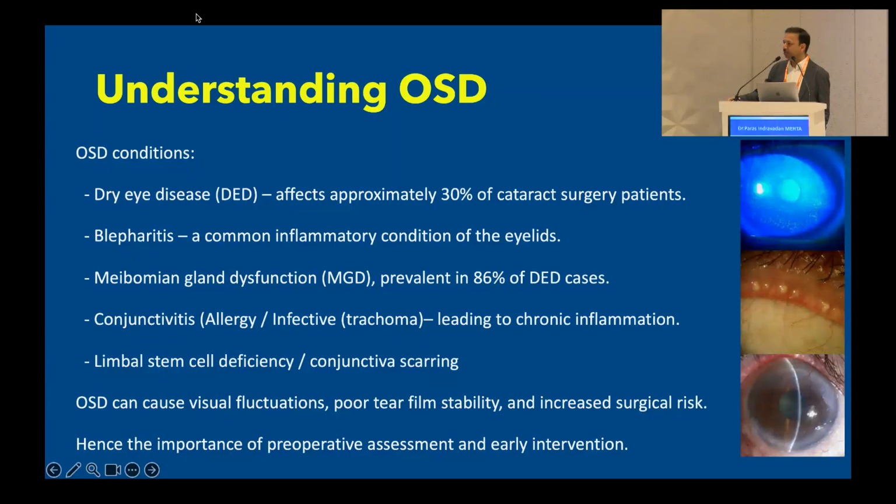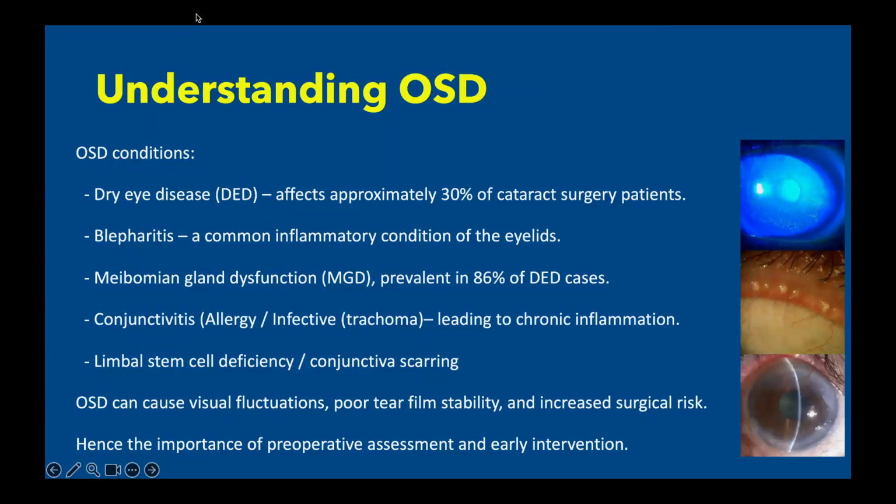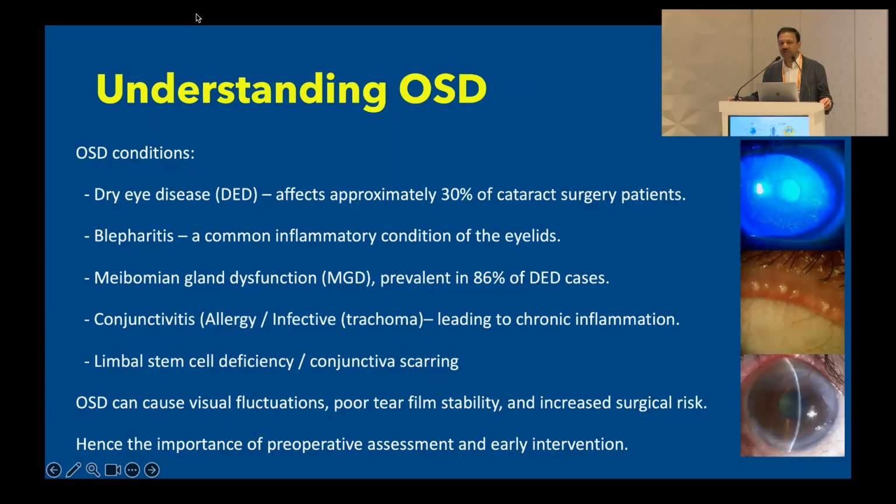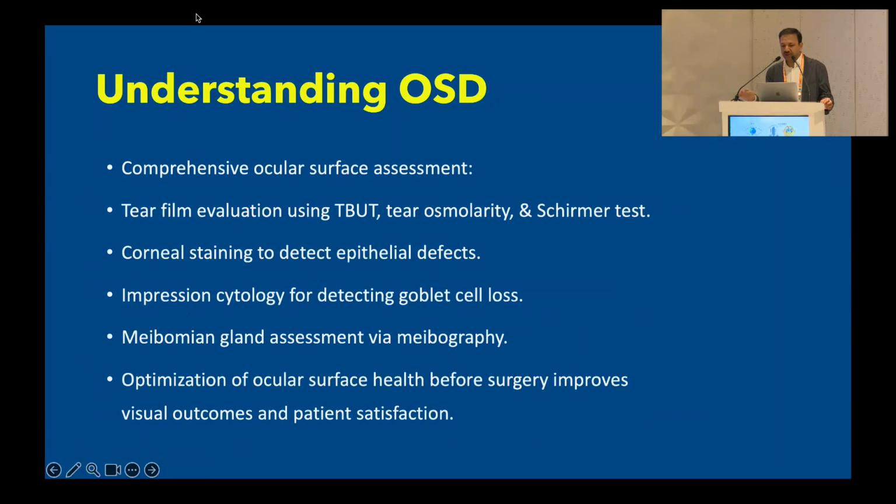You can see trachoma, which can present with conjunctival changes. This can often lead to some sort of partial limbal deficiency, or you look out for conjunctival scarring, which may be associated with conditions like ocular cicatricial pemphigoid. Remember that whenever you have an ocular surface disease, you can have poor tear film stability, which can lead to fluctuation in vision. Hence the importance of assessing and managing this.